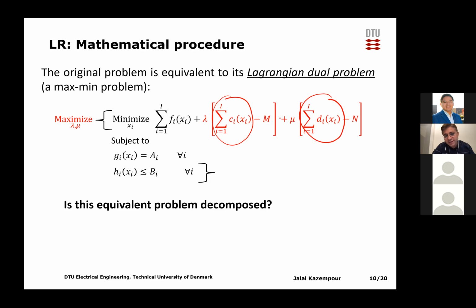They weren't constraints, now they are in the objective function. And as you see, lambda and mu are not i indexed. If they were i indexed, then we could do something, and also m and n, but they are not i indexed. So this problem is not decomposable. Good.